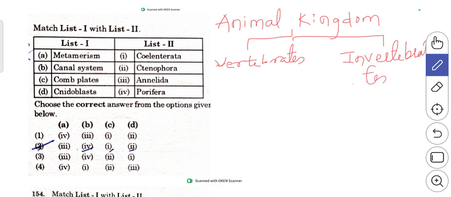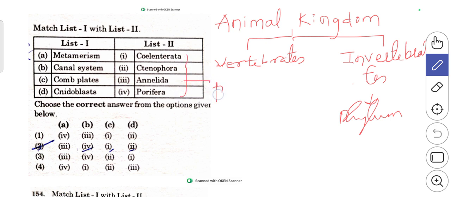In vertebrates, all highly modified organisms will come. In invertebrates, we will only study the phyla. So here they have given the names of the phyla.